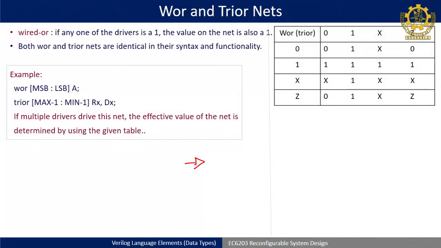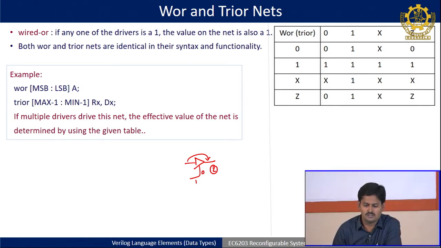If you know a tri-state buffer, there is a control input: if control is 1 then output is equal to input, if control is 0 then output is high impedance. In some situations you can use tri, as it also represents tri-state buffers. In the rest of the cases you can use wor, which is good because we are more acquainted with the wire data type.